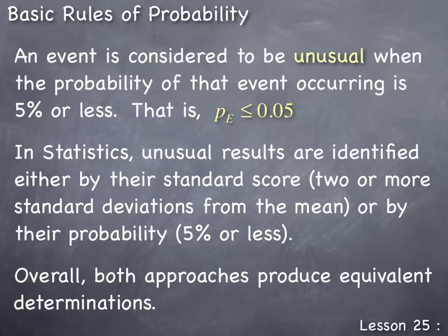Overall, both approaches produce equivalent determinations. So if we're dealing with probabilities, we can use the unusual rule as 5% or less. But if we're dealing with means and standard deviations, calculating the standard score and looking at it being 2 or more standard deviations away from that mean is a way to identify unusual outcomes.